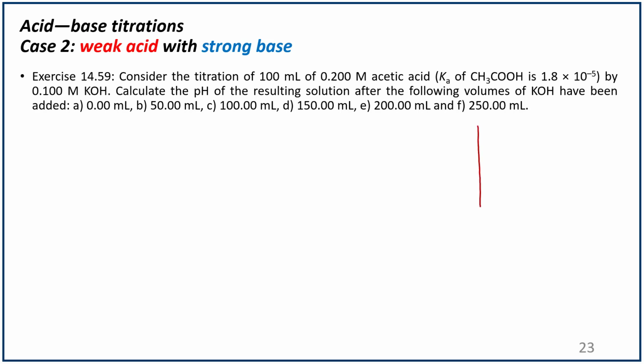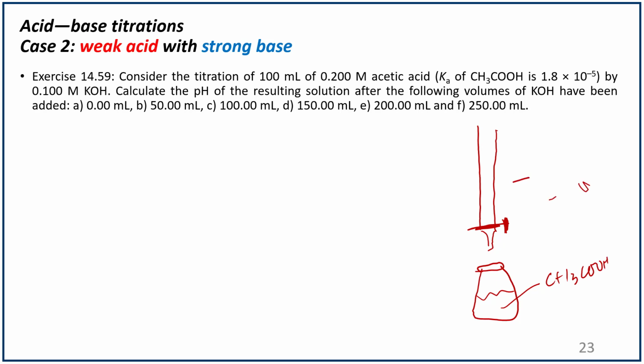So again, this is a problem in which you are titrating acetic acid, so this is CH3COOH, with KOH. This is a strong base, and acetic acid is a weak acid.